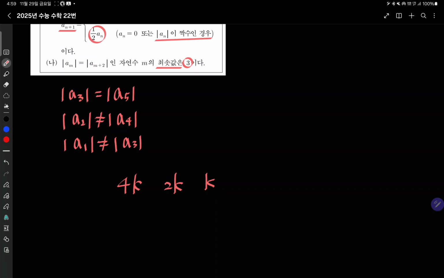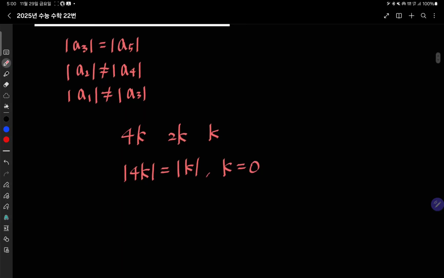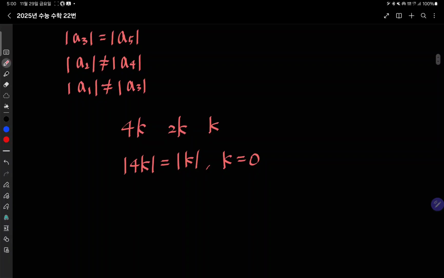And the absolute value of 4k is equal to the absolute value of k. That means the value of k is 0. So in this case, A3, A4, and A5 are all zeros.